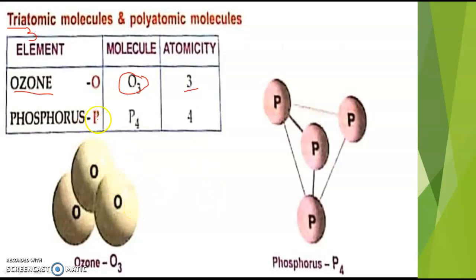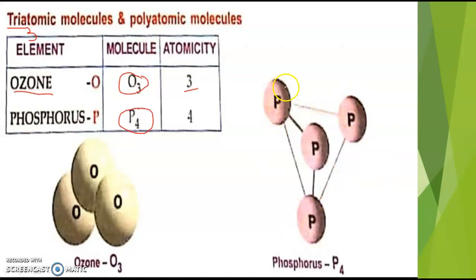Polyatomic includes molecules in which more than 3 atoms are present, like phosphorus. It is written as P4. It exists as P4.